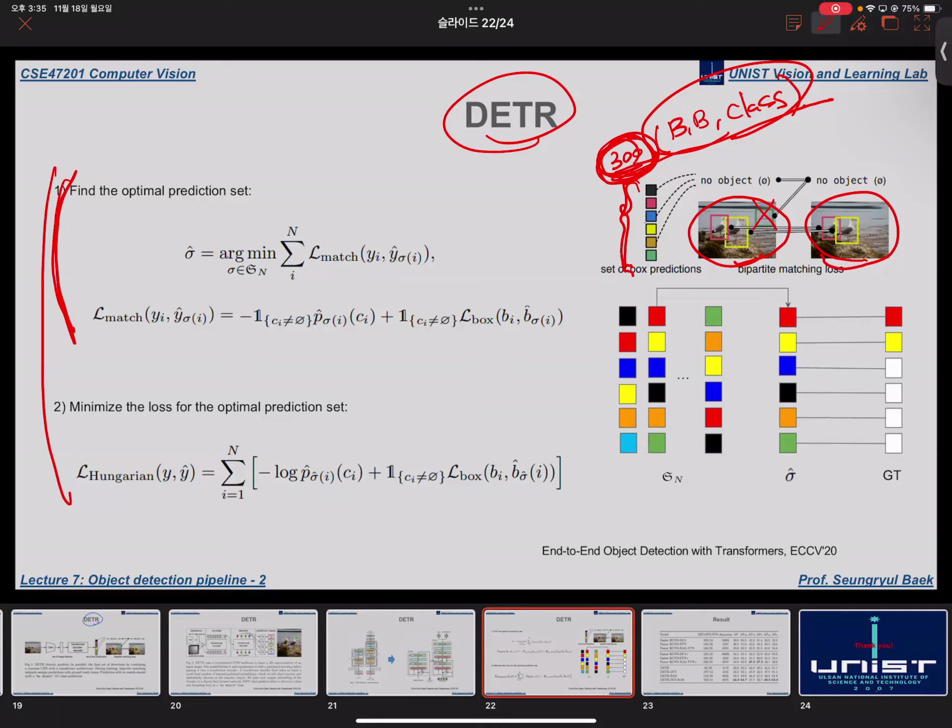In the initial step, your output might not be like this, right? Of course, it would be completely random. But from the random predictions, you have to find the predictions which are closest to your ground truth. That is the first step.